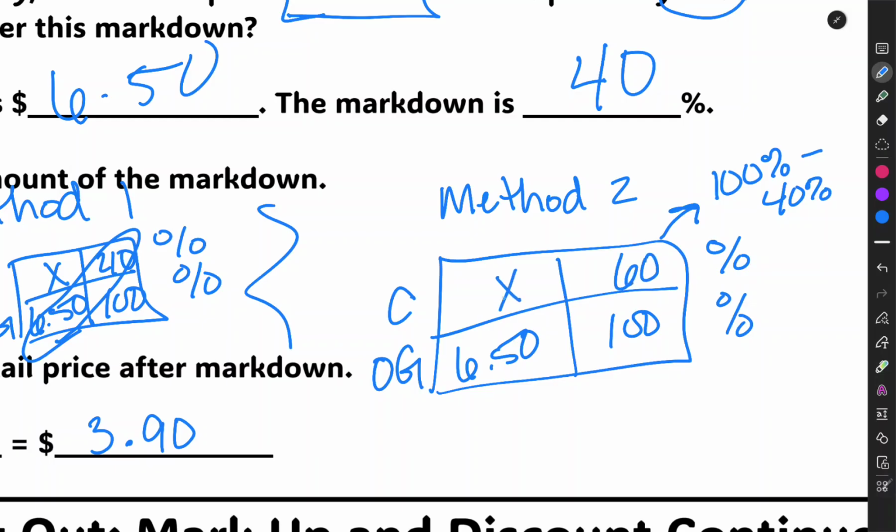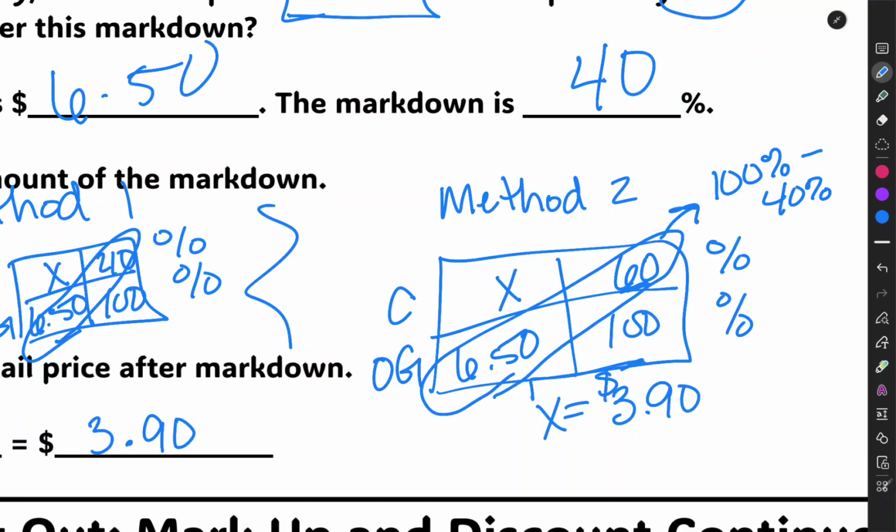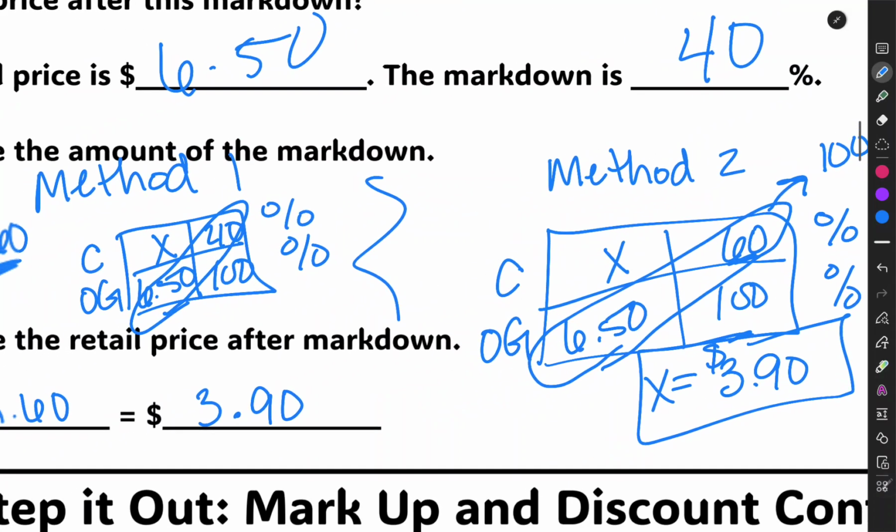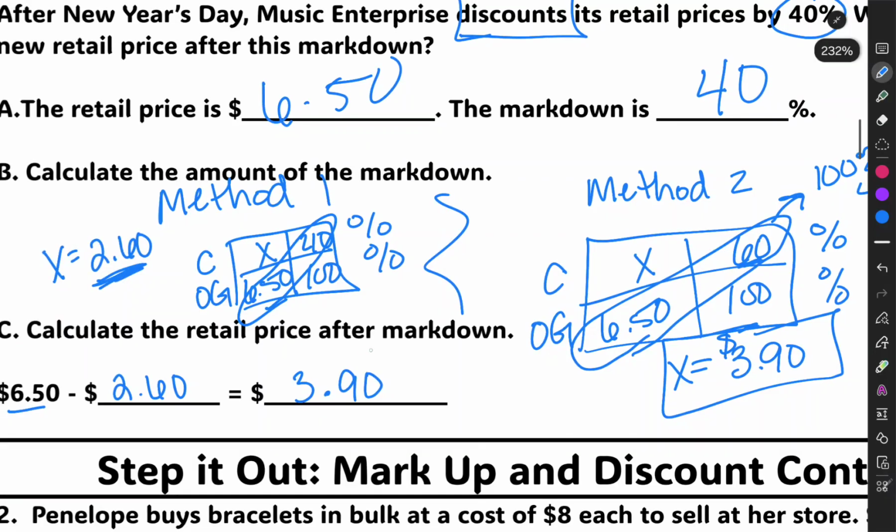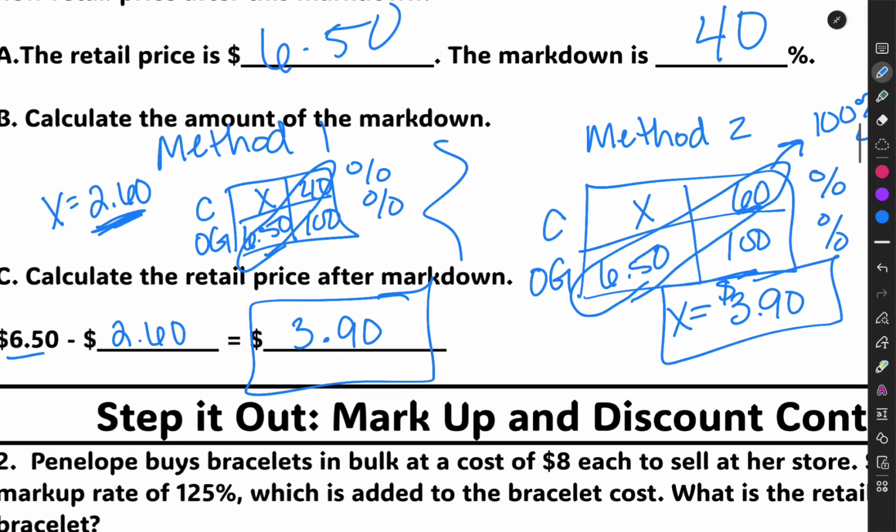And that's what I'm paying. I'm only paying 60% of the 100%. So I'm going to cross multiply and divide, and when I do that, I get that X is $3.90, which is the exact same price that we got using method 1. So really you can choose whichever method you want, and you should still get the same answer.